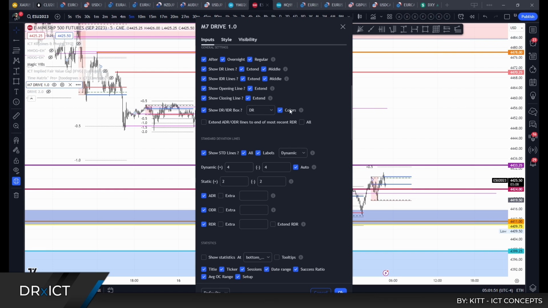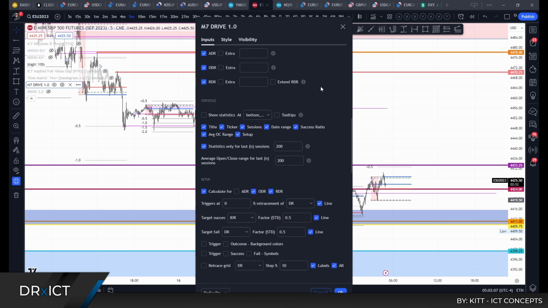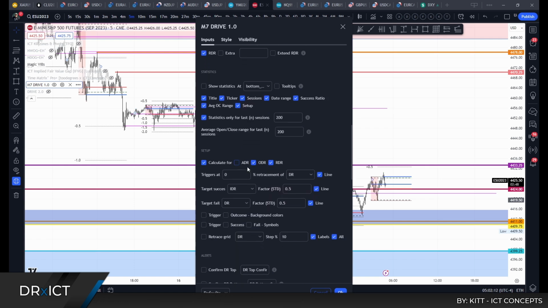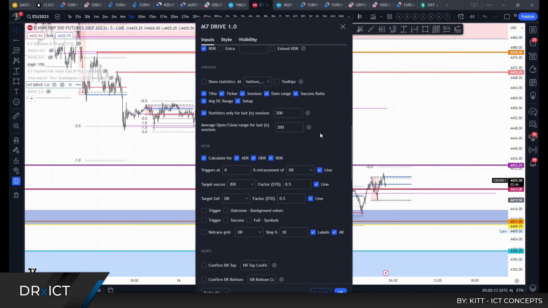It gives me about a 60 to 70% probability as far as the direction of the session. So it's just one of my opening and closing lines on thick, showing off the DR and IDR as much as possible. Statistics are good to calculate for the retrace.